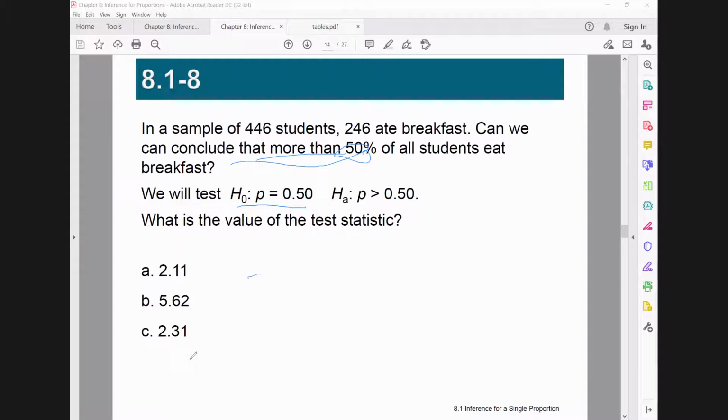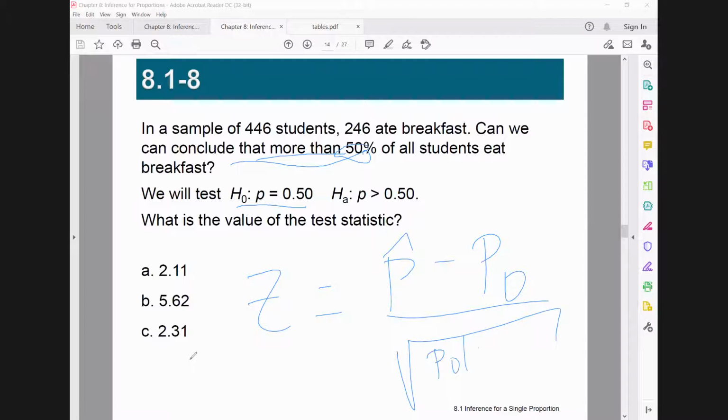That means what is Z? Z as you know is given by P hat minus P naught divided by root P naught times 1 minus P naught over N. N is 446, P naught is 0.5. P hat is obtained by the sample, it's equal to 246 over 446. Then we have all the requested.